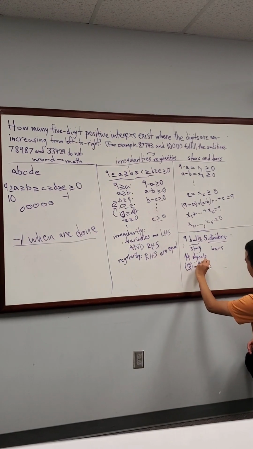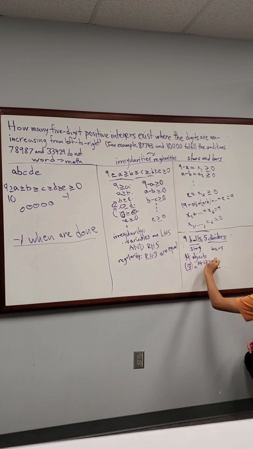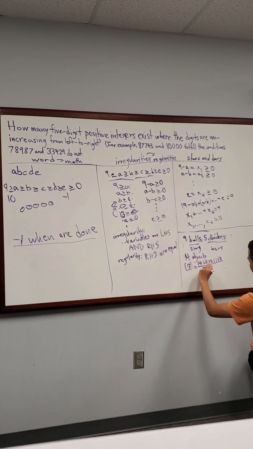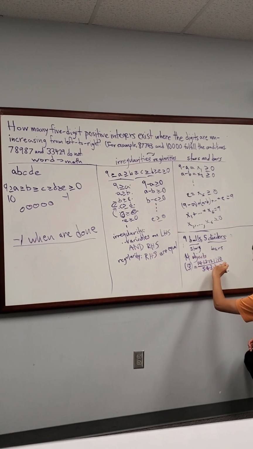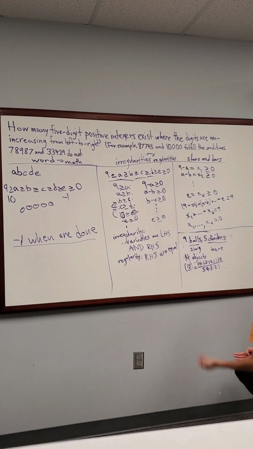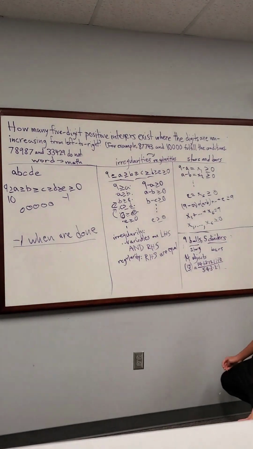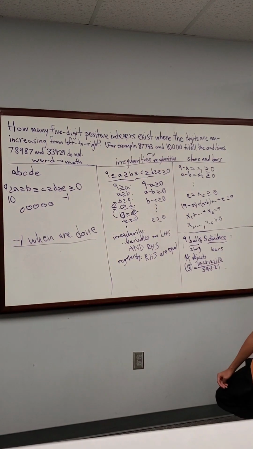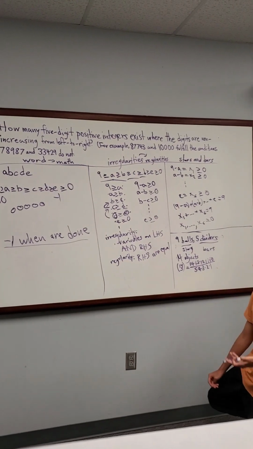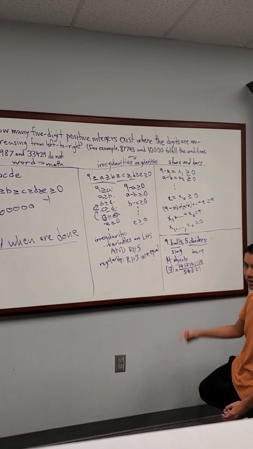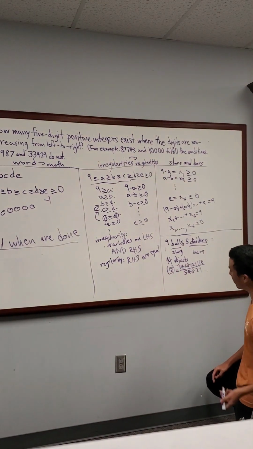This is going to be 14 times 13 times 12 times 11 times 10 over 5 times 4 times 3 times 2 times 1. Now how did I get this number? So the way I got this number is I have 14 spots for the first one, 13 for the second, 12 for the third, 11 for the fourth, and 10 for the fifth. This is just me selecting all the ways that I can position these 5 spots.